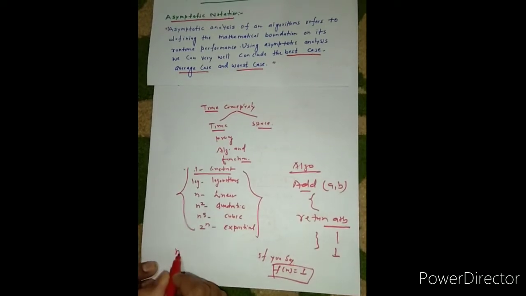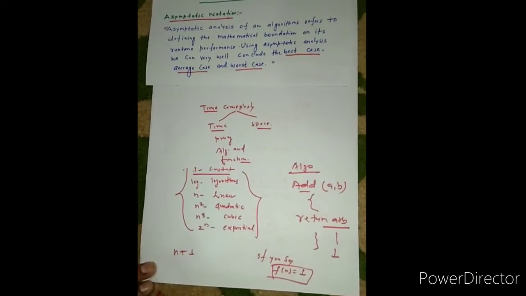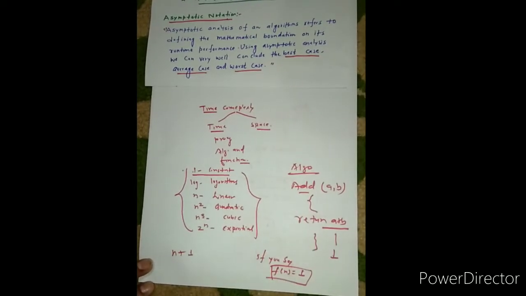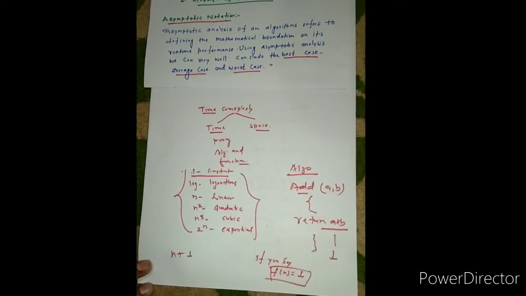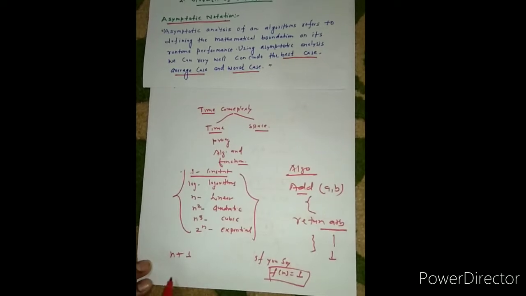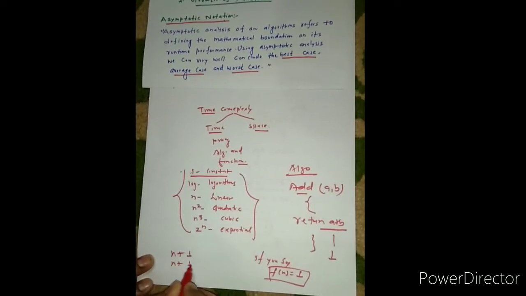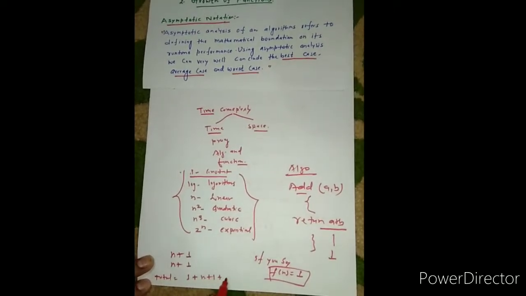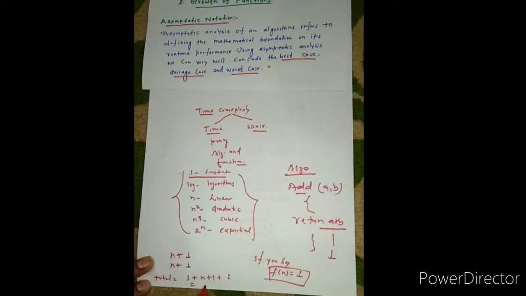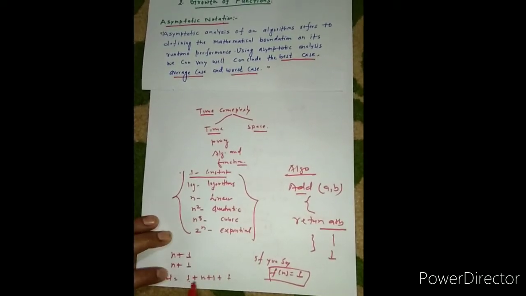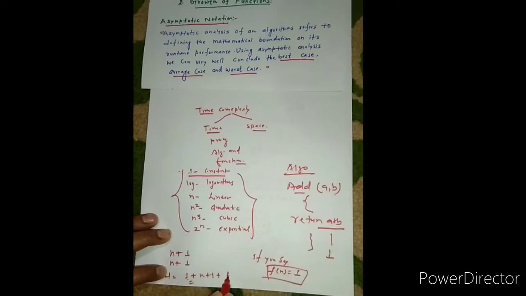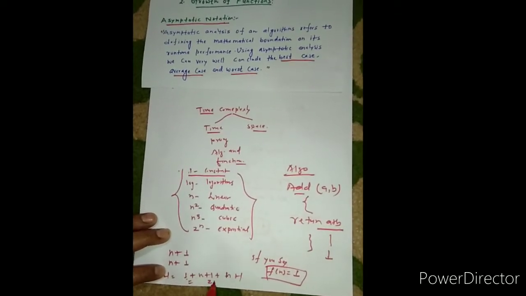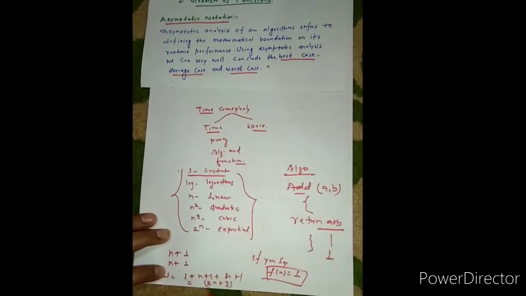In another algorithm using a for loop, the loop executes on n plus 1, and the body executes 1 to n. So total equal to 1 plus n plus 1 plus n plus 1, so 2n plus 3.